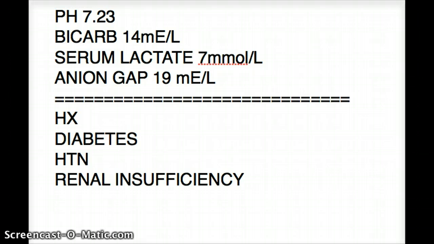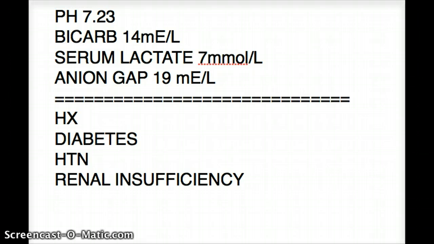But every time there is a lab value and you cannot find it in the lab values that's given in the exam, you have to automatically assume that it has importance, or the value is probably high. In this case, serum lactate is 7. We're going to think that the lactate is high.